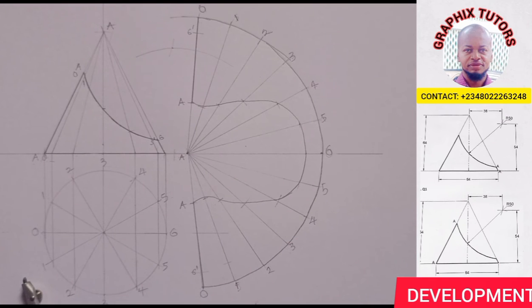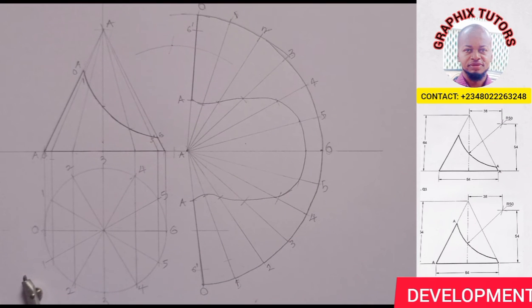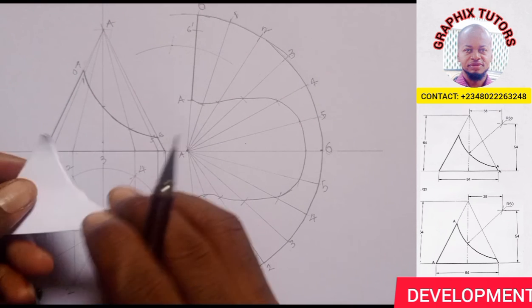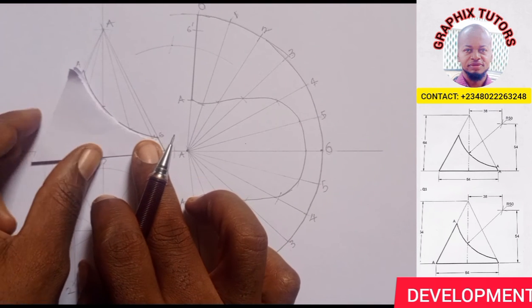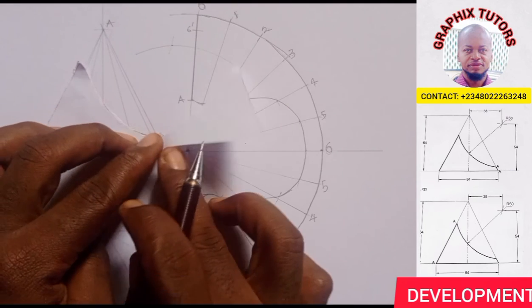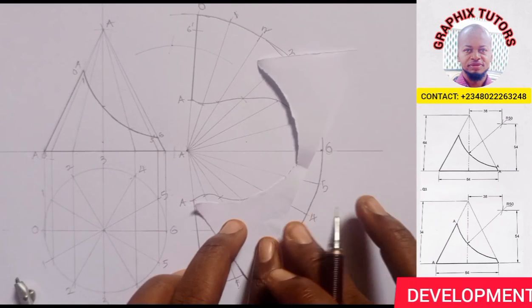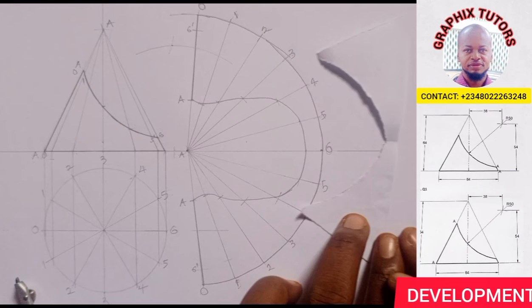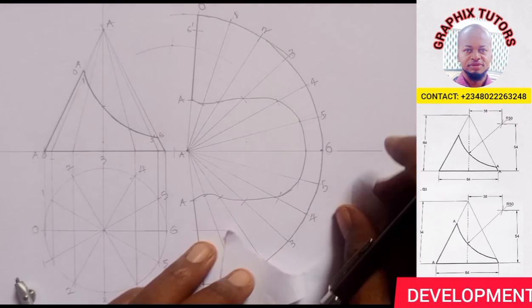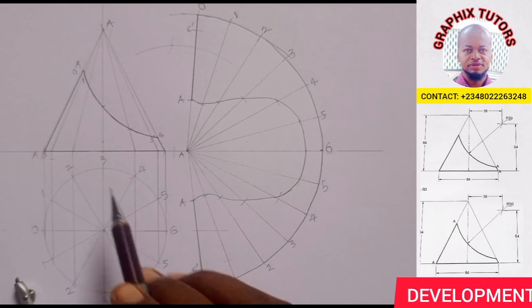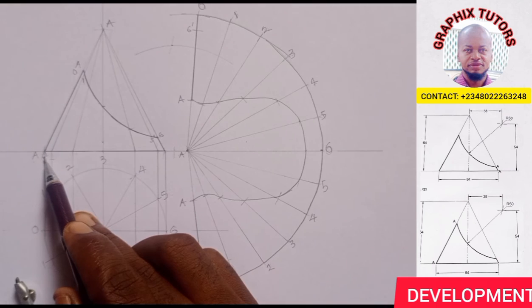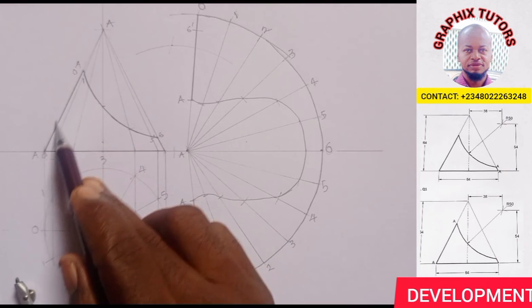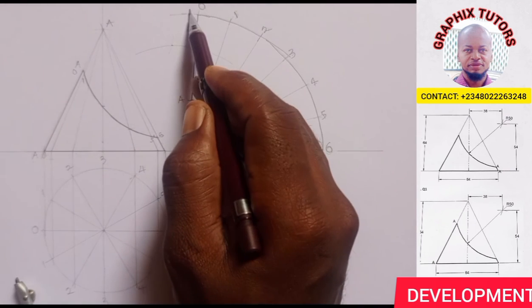Can you see that? So this is what we have when you're developing this, and that's what I showed you here. When I place it this way and open it from here, we're seeing something similar to this. Hope you can see that. So that's the development of the figure when you make here to be the same. Just like I explained, if here is the same, it means that it will be at the end.